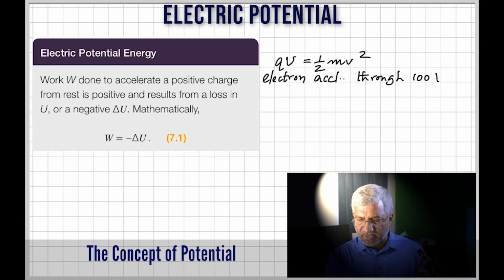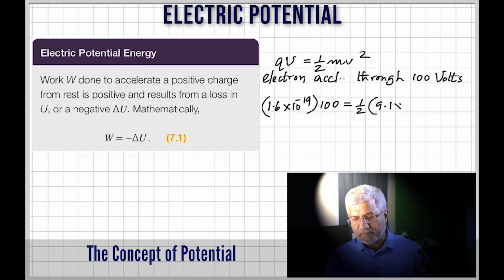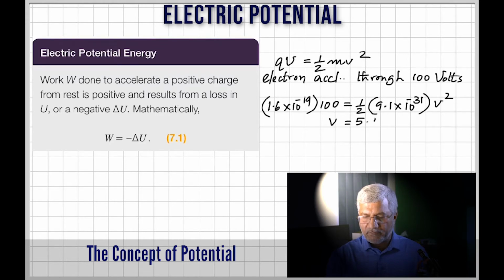Using that formula, we can calculate the velocity of the charged particle accelerated through a certain voltage. So let's say that there is an electron that is accelerated through 100 volt, and let's try to calculate the velocity that it would have on reaching the negative plate. So charge of the electron is 1.6 times 10 to the negative 19 times the voltage, 100, equals half times the mass of the electron times velocity squared.